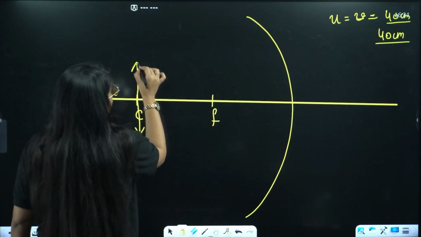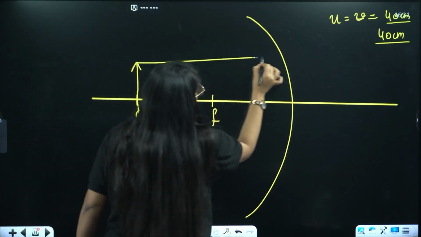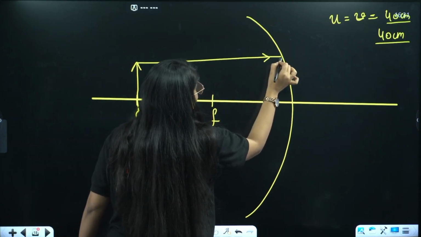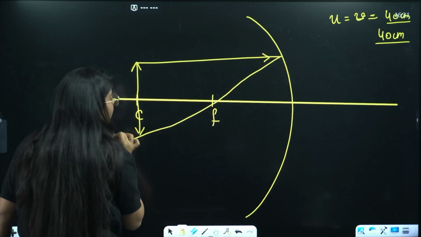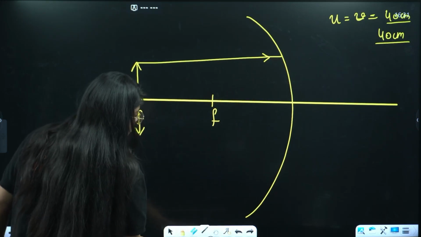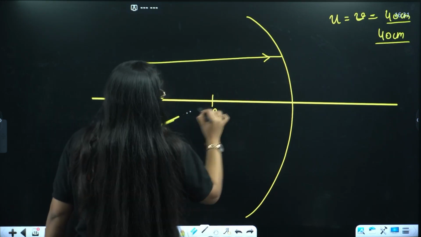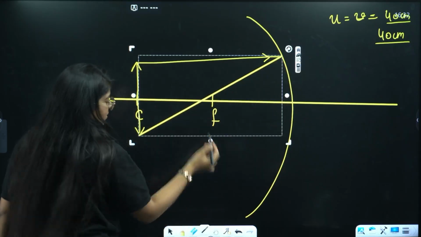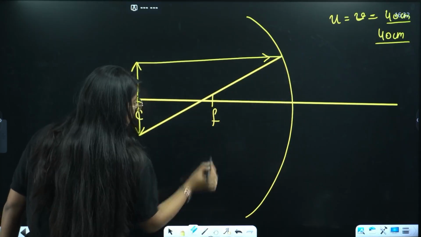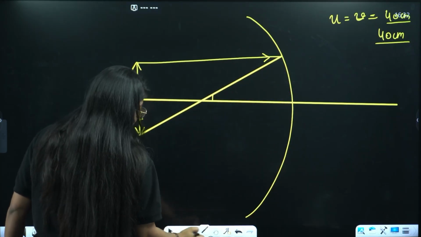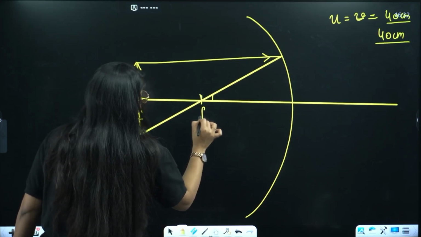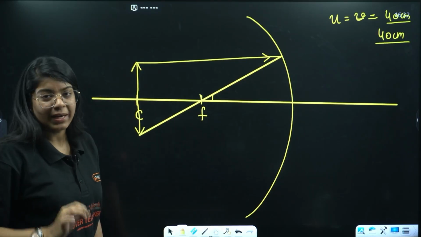So a ray goes parallel, passes through the focus and goes from here. You must use a scale for that, right? Your focus will not be here, it will be somewhere here. Use a proper pen and scale for this.